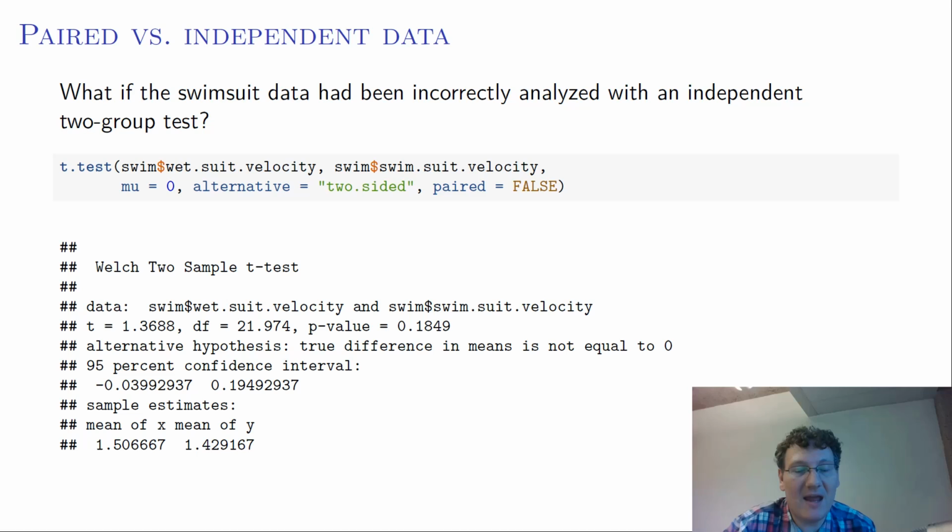So generally speaking, a paired t-test is going to be much more powerful than an independent sample t-test. But of course, you can only do a paired sample t-test if that's the way the experiment has been designed, if you actually can pair up individuals one by one because of the way the data is structured.